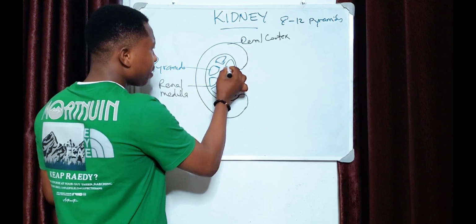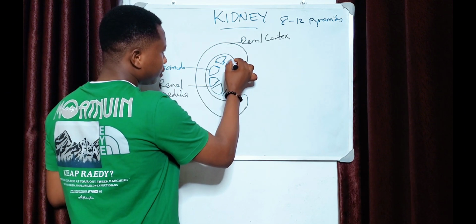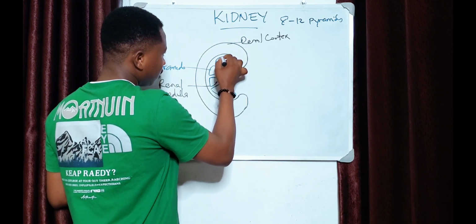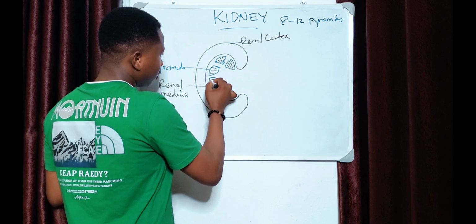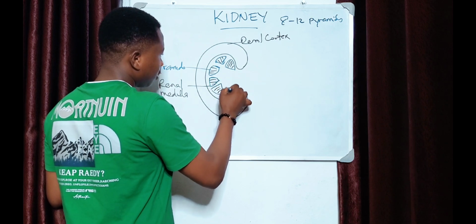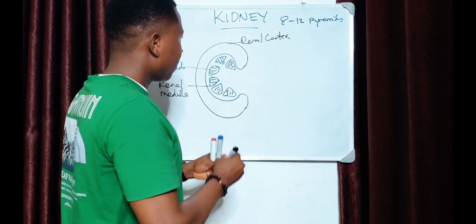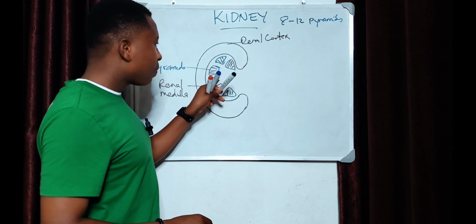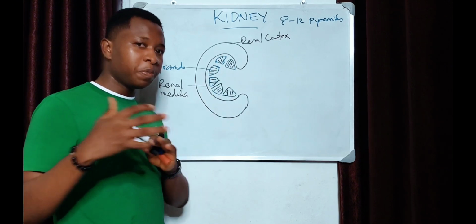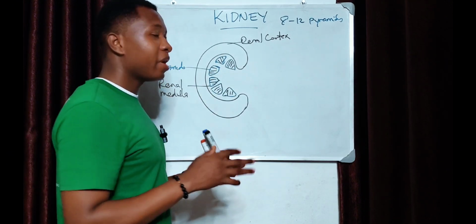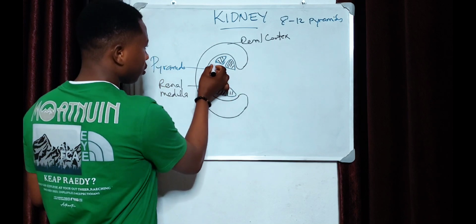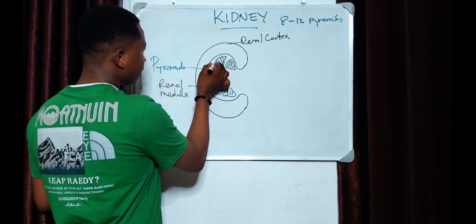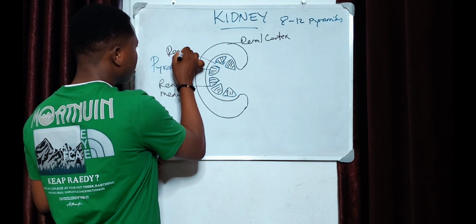Now, inside the pyramids are striations. Now, the gap or the spaces between each pyramid is what we refer to as the renal column. So this space here is referred to as the renal column.